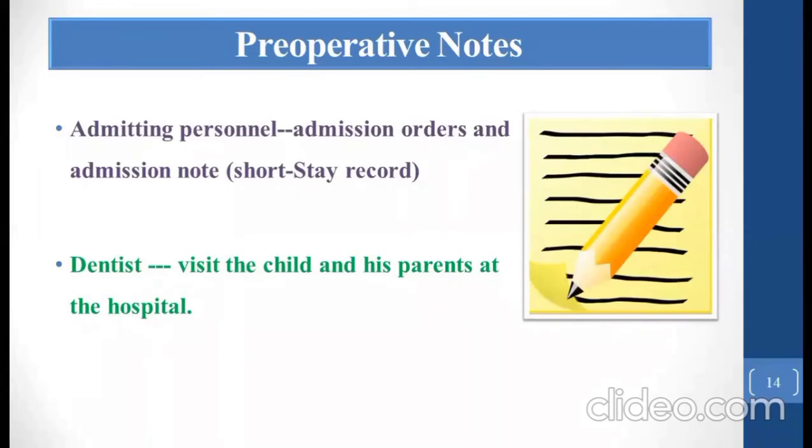The dentist may not be present when his patient is admitted to the hospital. The admitting personnel will collect the admission order and admission note, that is short stay record, from the patient, and then enter them into the hospital record chart. On the evening before the scheduled treatment, the dentist should visit the child and his parent at the hospital.